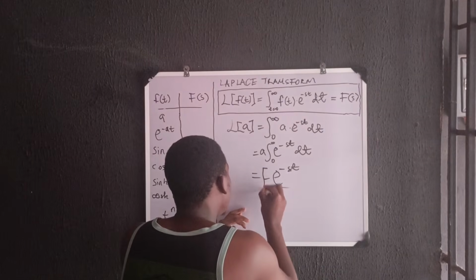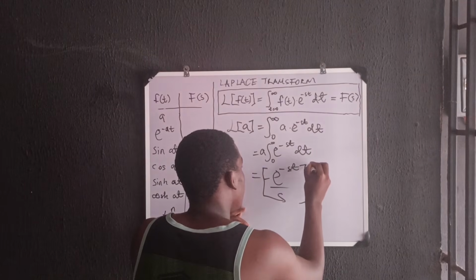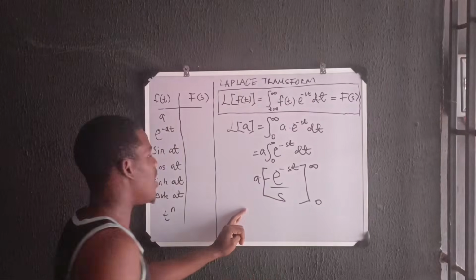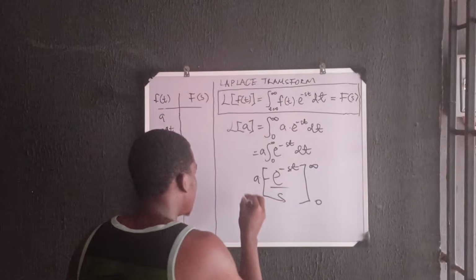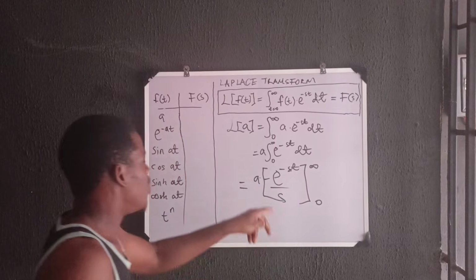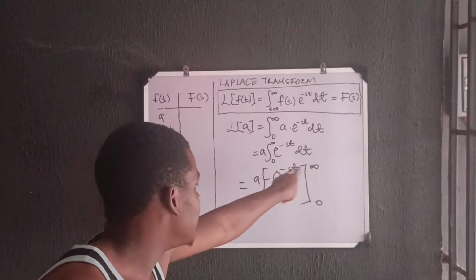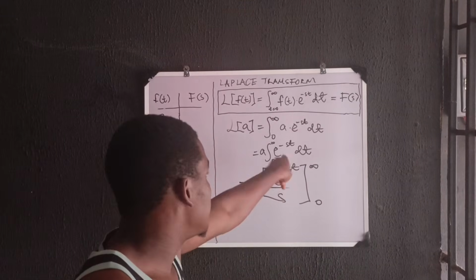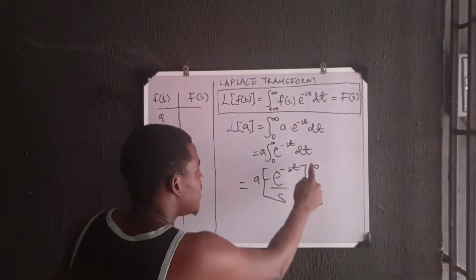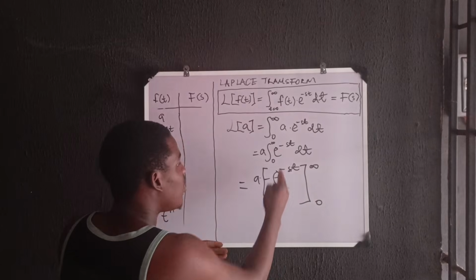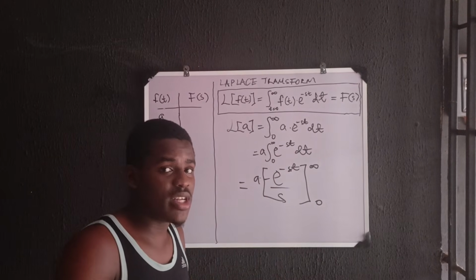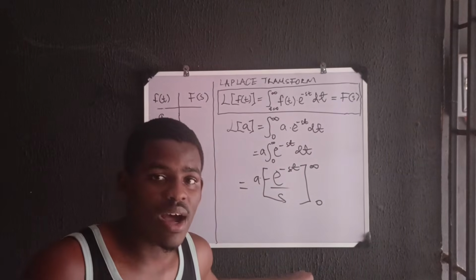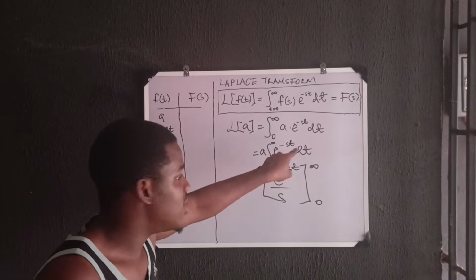Now, this ranges from infinity to 0, and A is still sitting outside. So this is negative e power negative st all over s. See what happened here. Since we are integrating with respect to t, what is beside t comes down.